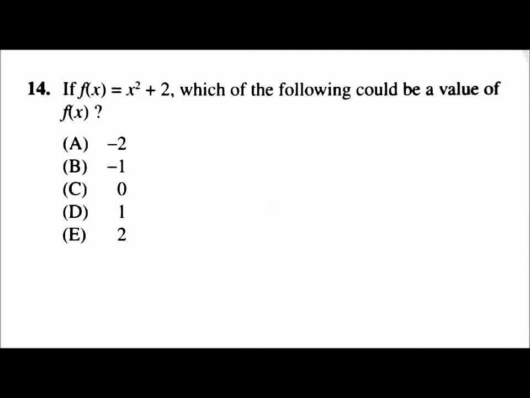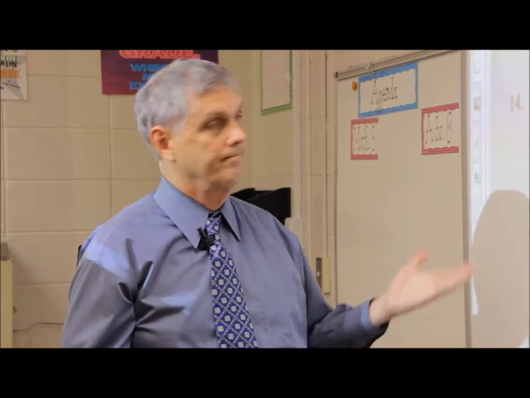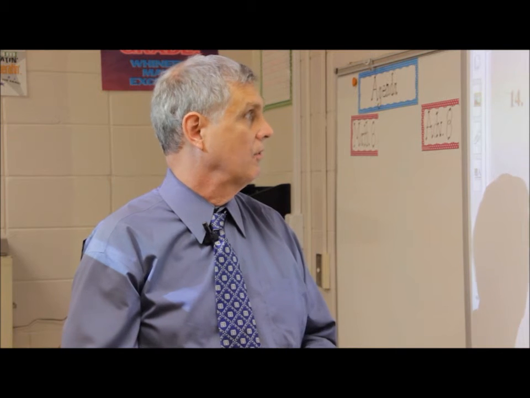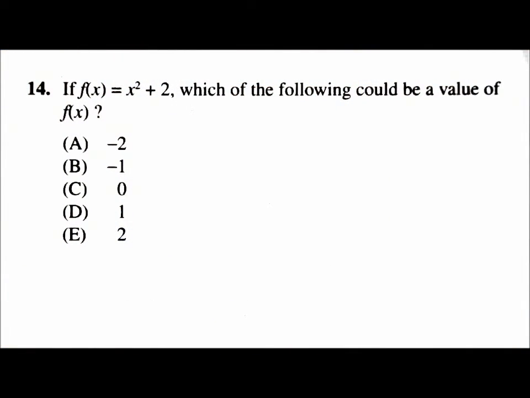And the same thing if I put in the positive 1 or 2, it's going to be too large. So what is small enough to get one of these answers? Well, we still have 0 to look at here. If I put 0 in there for x as my input, the output is going to be 2. So our answer is 2.